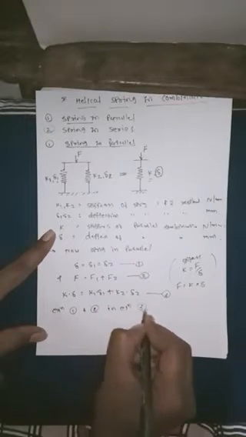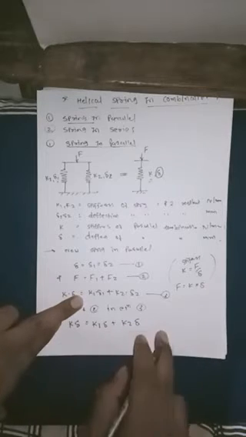Now equation 1 and equation 2 are put in equation number 3. So K delta is equal to K1 delta 1 plus K2 delta 2, but delta 1 is equal to delta 2 is equal to delta. So K delta is equal to K1 delta plus K2 delta.